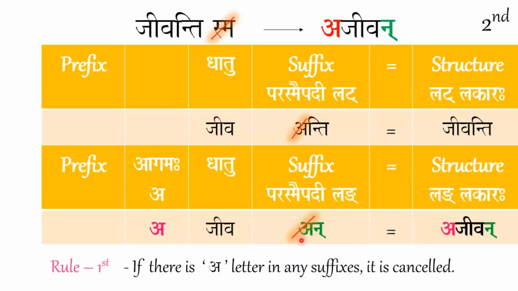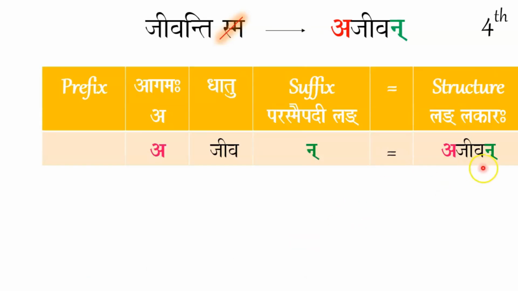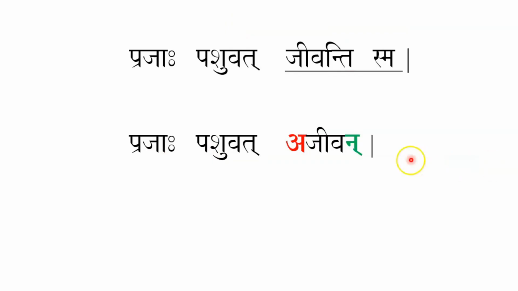And then all words, agamaha a, dhatu jeev and suffix halanta n, are brought together, which becomes Ajivan. So our sentence would be Prajaha pashuvat ajivan.